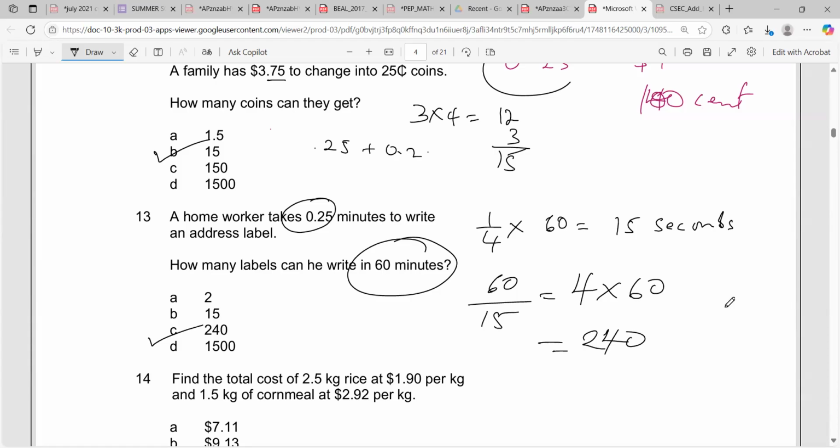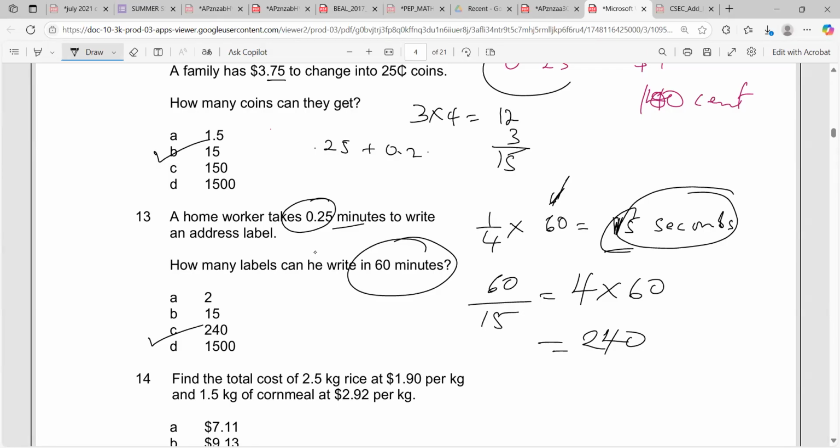Can I go back over that again? All right, let's reason it out again. 0.25 minutes, that's a quarter, right? And in every minute, you have 60 seconds. So you just find a quarter of 60, which is basically 15 seconds. That's what it comes down to, right? So for every 15 seconds, I'm going to write one label.